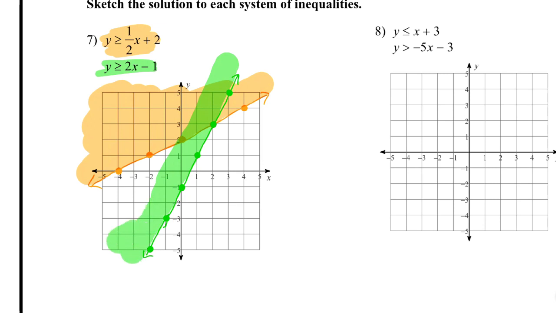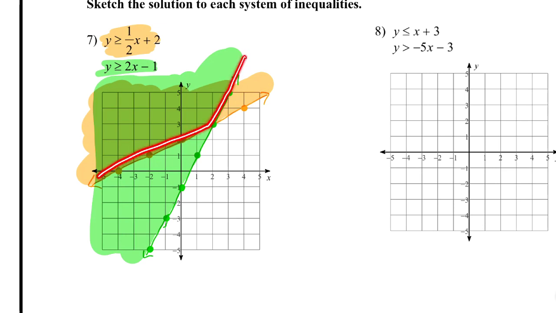So here, the solution set for the system is where those two solution sets overlap. So the area that we're actually interested in is right up here, this space where it's double overlapped.